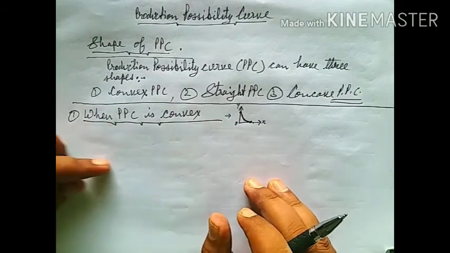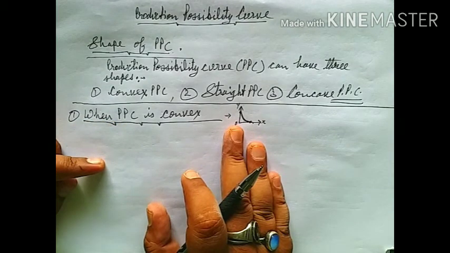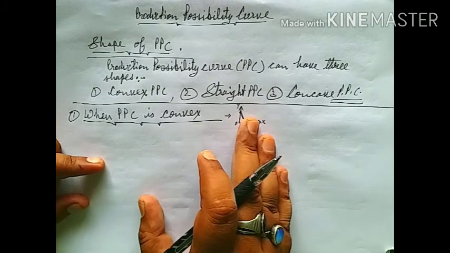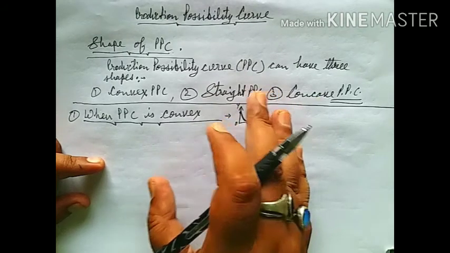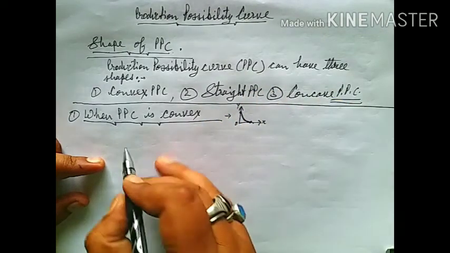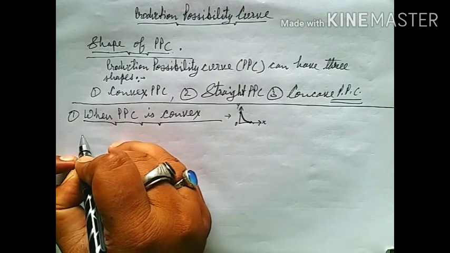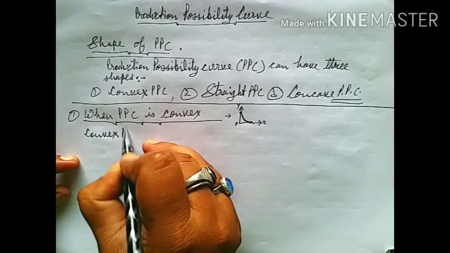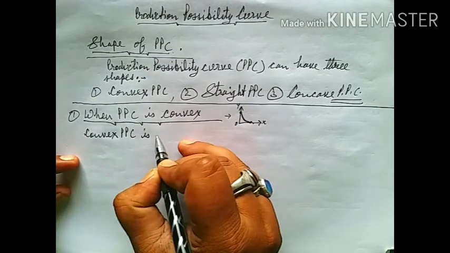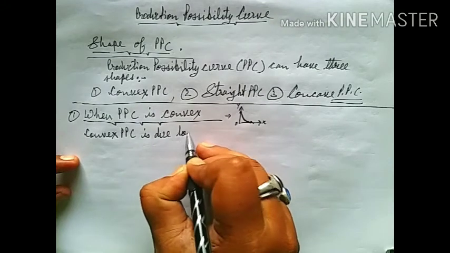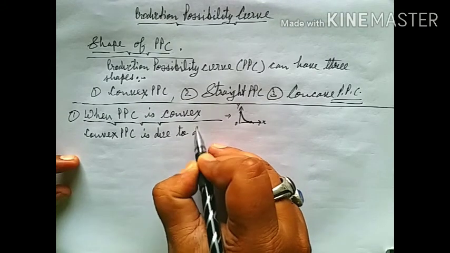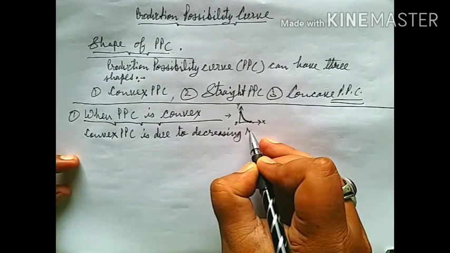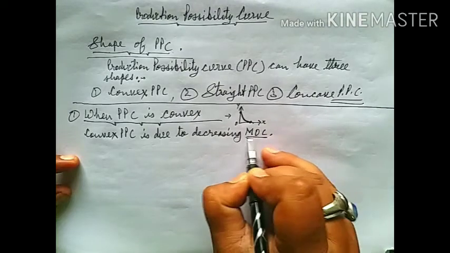Students, the reason behind the convex shape of PPC is the decreasing MOC, meaning decreasing marginal opportunity cost. So the convex PPC is due to decreasing MOC, marginal opportunity cost.